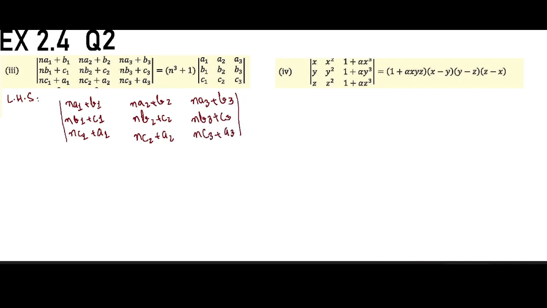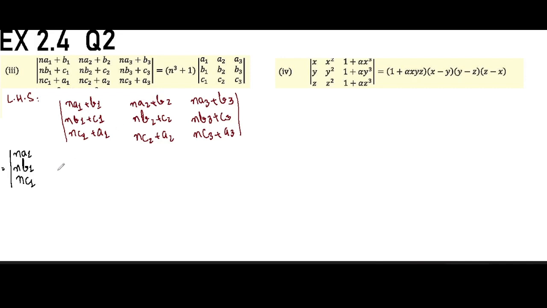Okay. To solve this part, we are going to separate the columns into separate determinant matrices. So let's write it as, okay, the first column over here will be na1, nb1, and nc1.